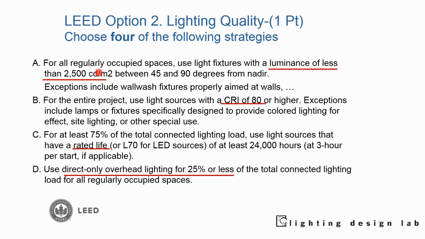You want to look at glare issues. You want to look at high color rendering light sources, long life light sources. You're minimizing the direct-only overhead lighting to 25% or less of the total space.